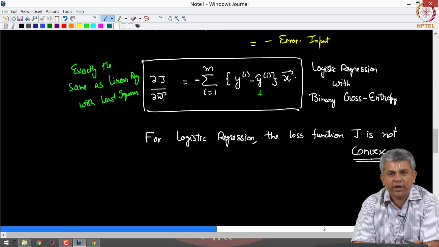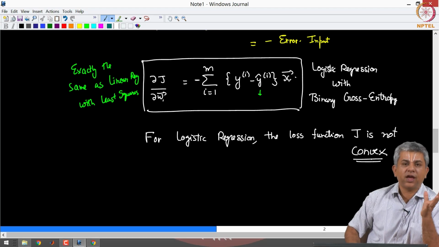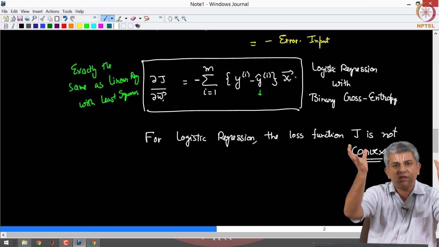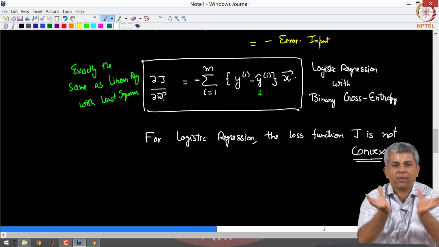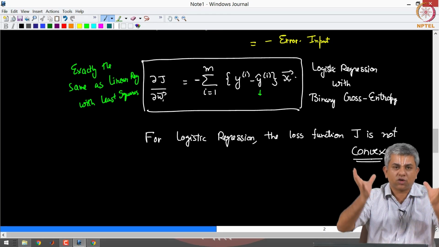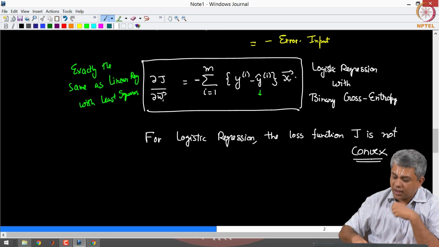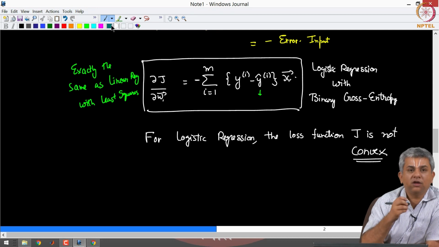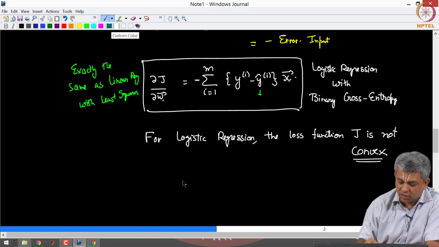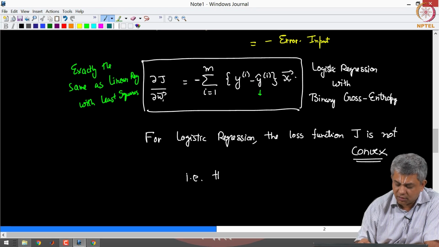I will not go into what a convex set means, but you can think that when we had least squares, generally the cost function will look simply like a paraboloid. This is what is called a convex function, where you have only one minima. The most important thing for us to know is that the minimum is in general not unique.